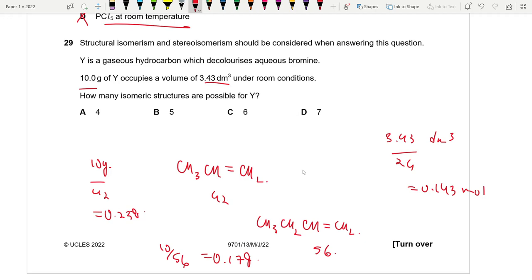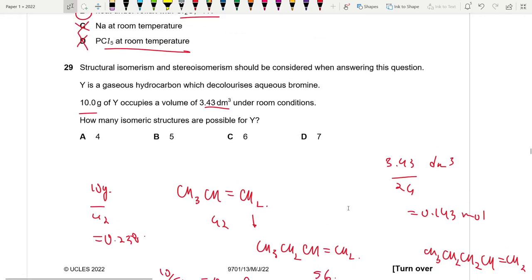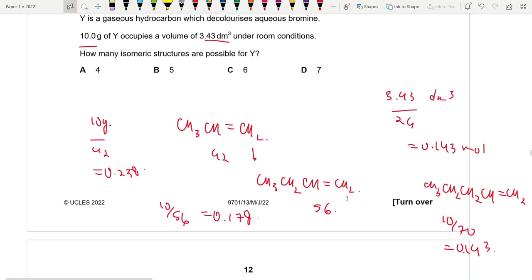So it has to be greater. It's to be CH3, CH2, CH2, CH, CH2. So 12 times 5 plus 3 plus 2 plus 2 plus 1 plus 2 is 70. 10 by 70 is 0.143. It matches. So it might be pent-1-ene or pent-2-ene.